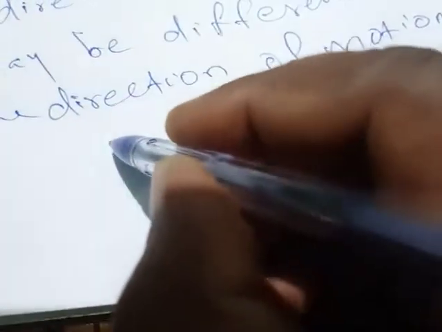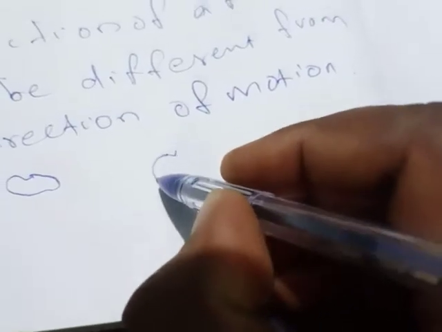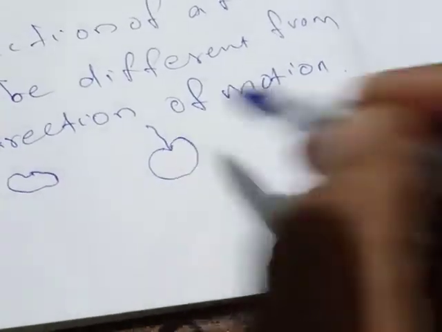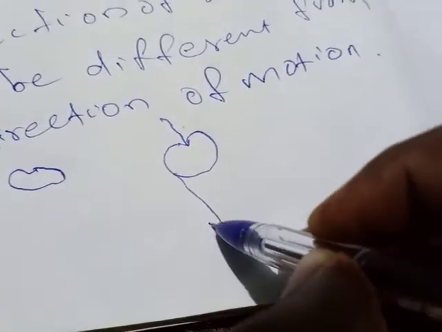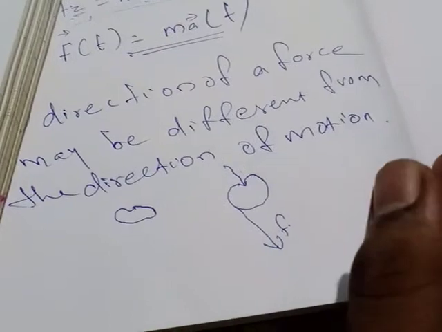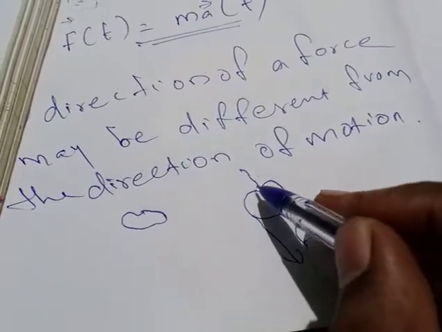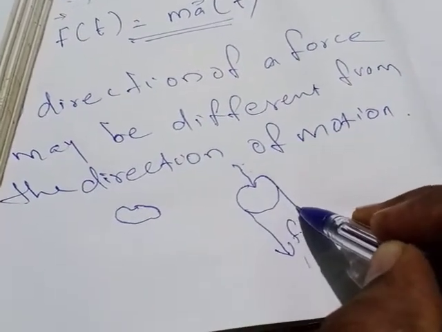Assume that one apple is there. When it is on the tree, there is a downward force acting on this apple, the gravitational force. For any object, the gravitational force acts downward. Once this apple falls from the tree, it experiences a downward force, isn't it?